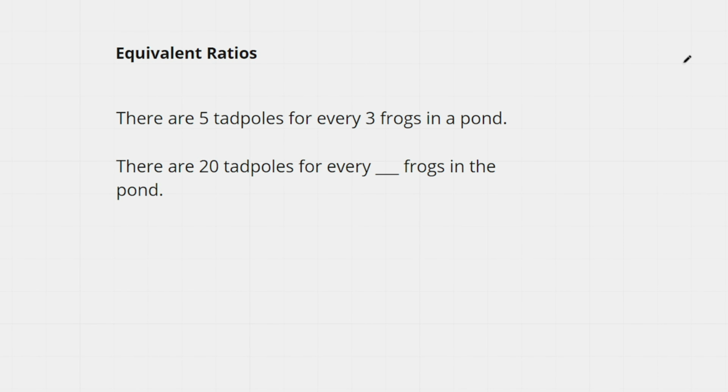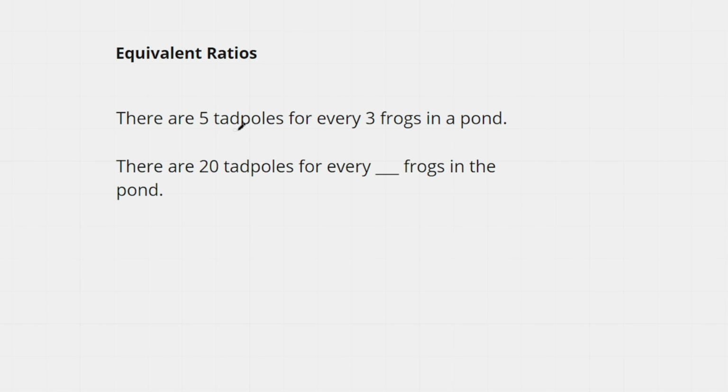Let's take a look at a word problem. There are 5 tadpoles for every 3 frogs in a pond, and there are 20 tadpoles for every how many frogs in the pond. You'd have to solve this problem by finding the equivalent ratio. Let's do that.